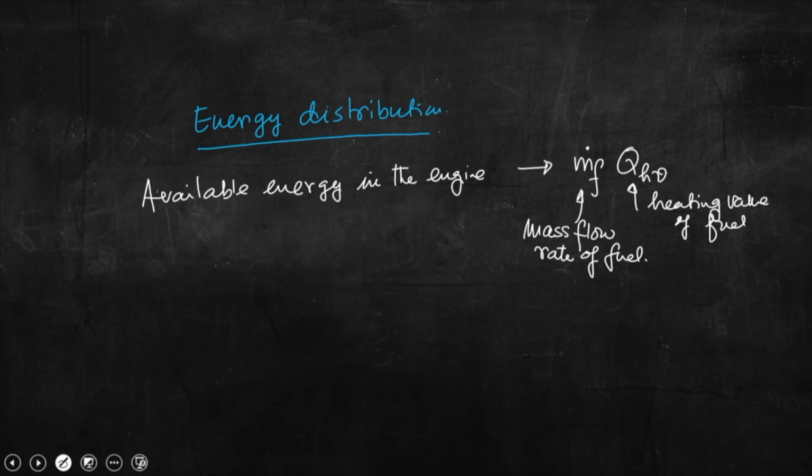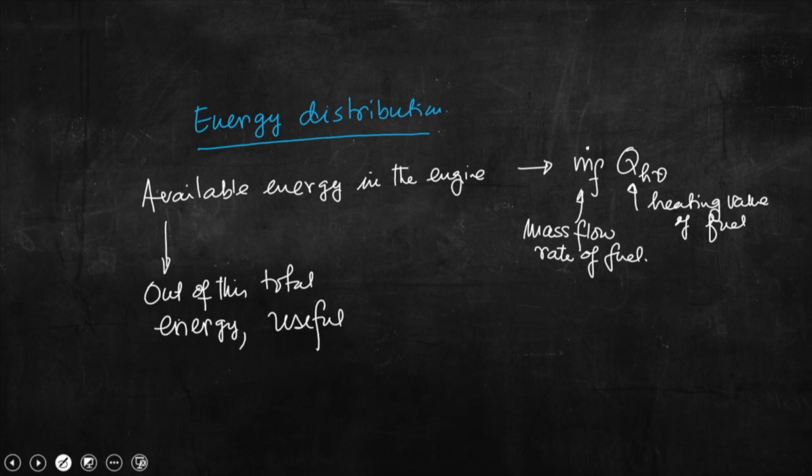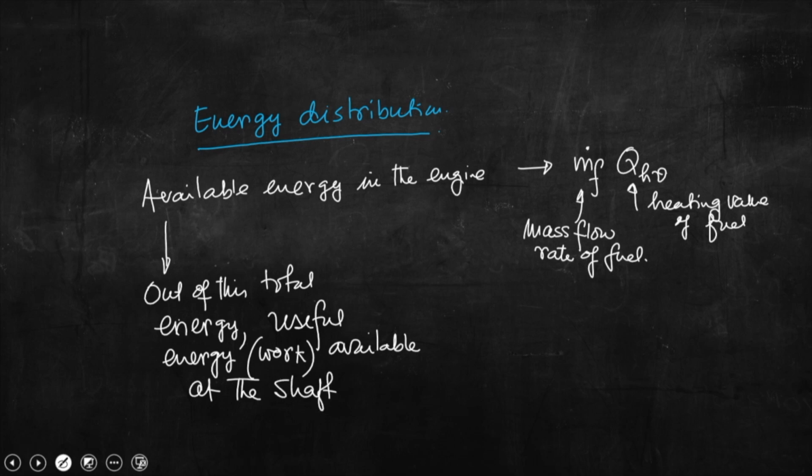Now, the question is what is the amount of energy? Out of this total energy, the useful work, useful energy, which is in the form of work certainly, available at the shaft is how much?